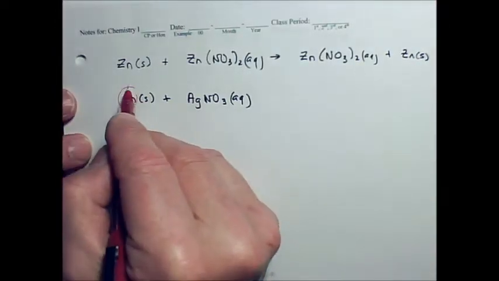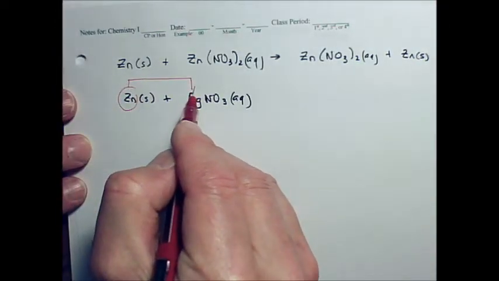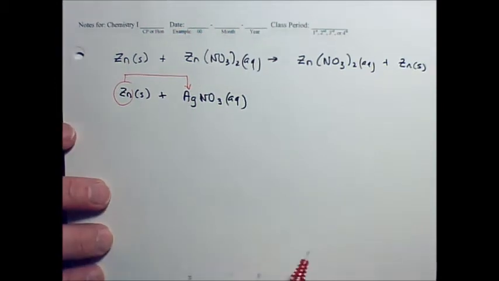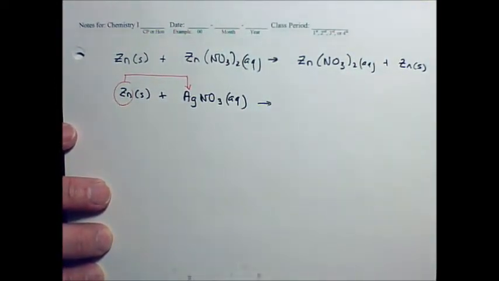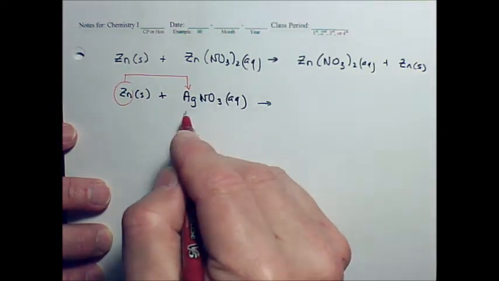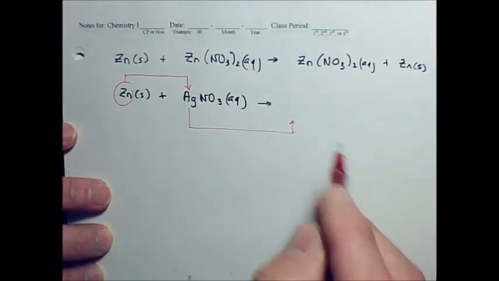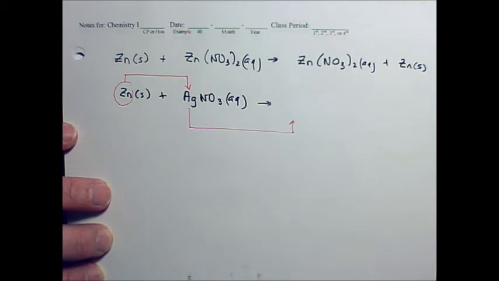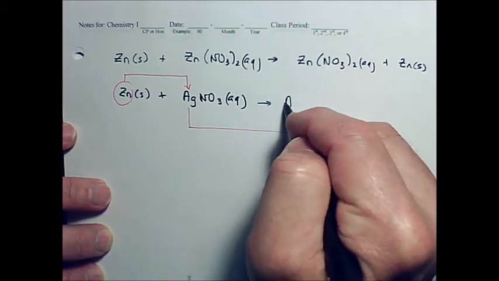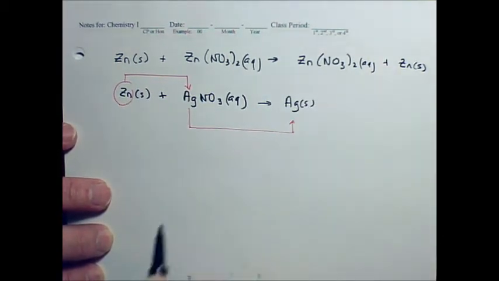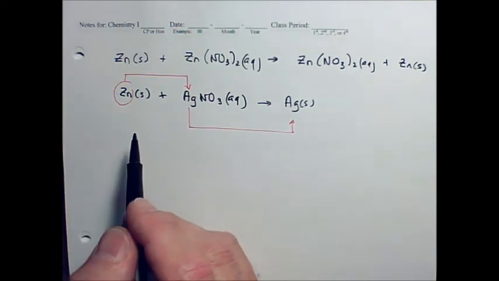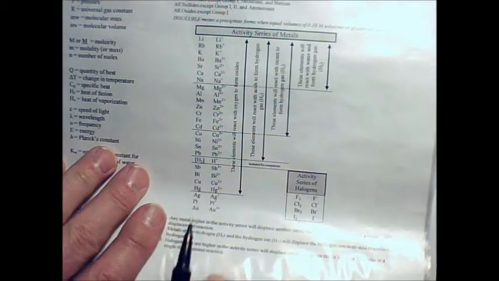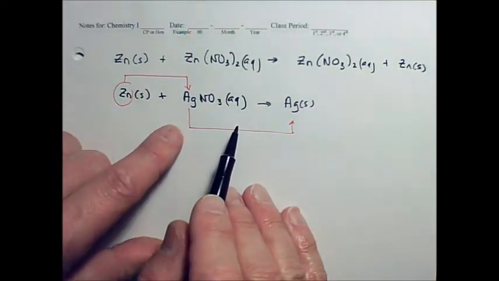Zinc is going to go over here and it's going to kick out that silver. So on the other side of the equation, we're going to have silver by itself. And that's because zinc is more active. That's why we list it higher on the activity series, and it will replace the silver.